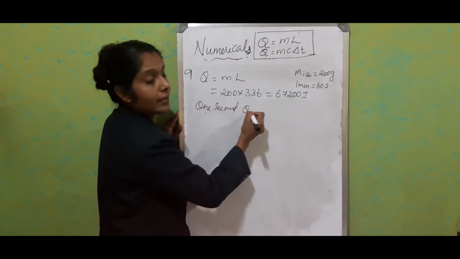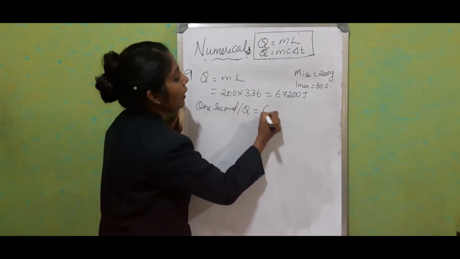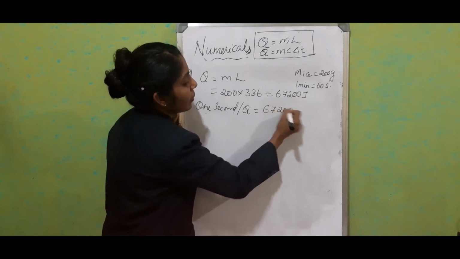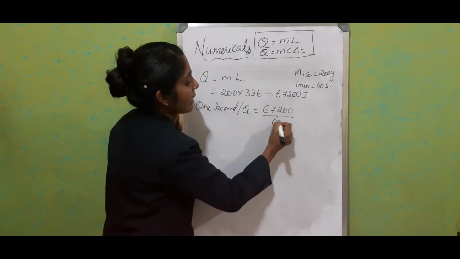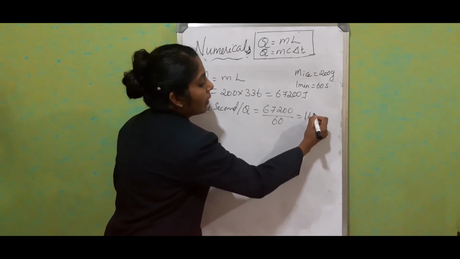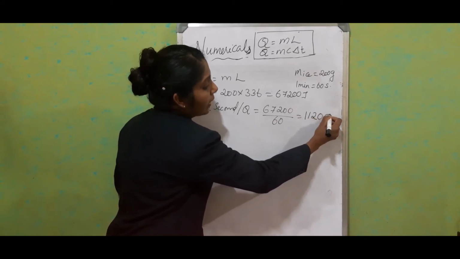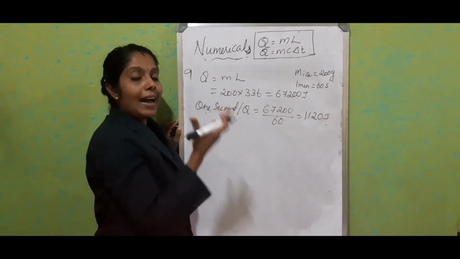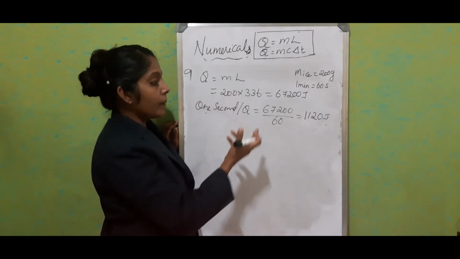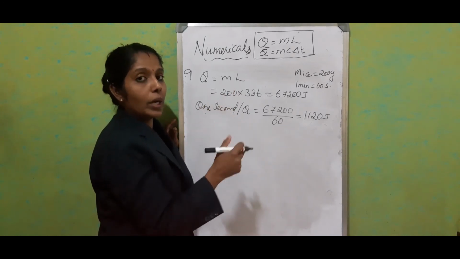Energy required for 1 second is equal to 67,200 divided by 60. We will get 1120 joule. So that means the ice in 1 second absorbed 1120 joule.